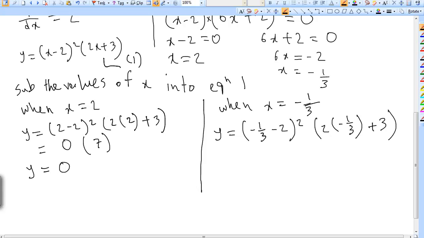Okay, so if you evaluate this value, then you will get this value, 243 by 27. Okay, this is the value of y when x equals minus 1 by 3.